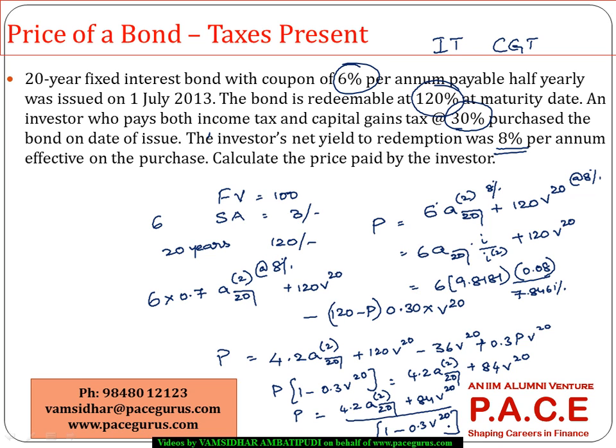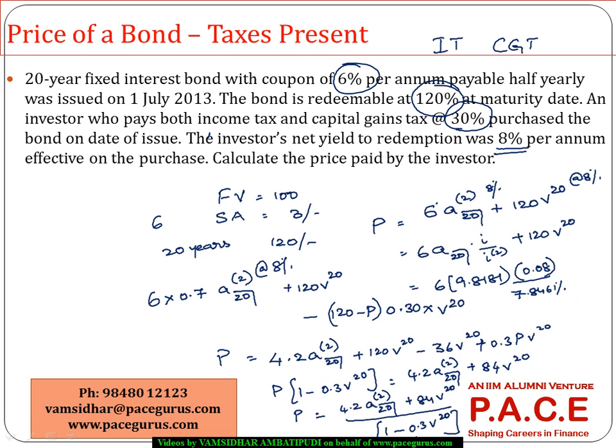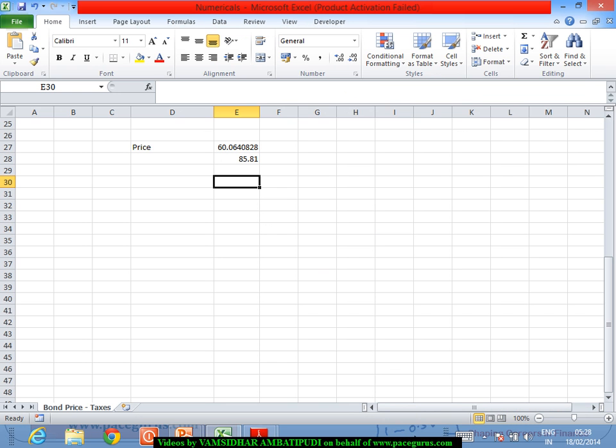Now this will give me the price in case there is a capital gain tax as well as income tax present on the bond. So through this mechanism, let's try to find out. i is 8%, right?